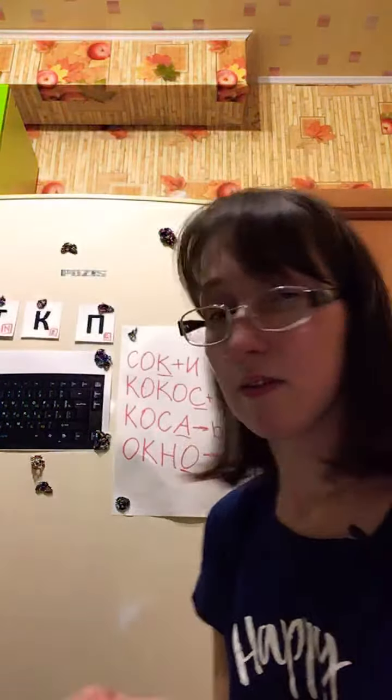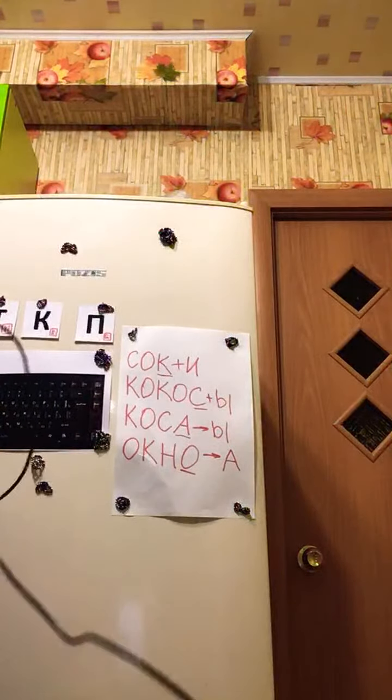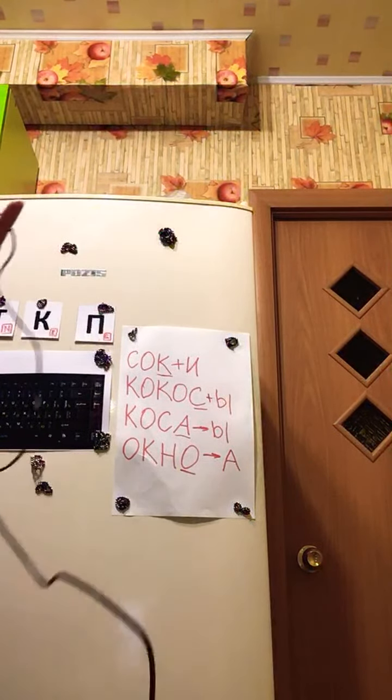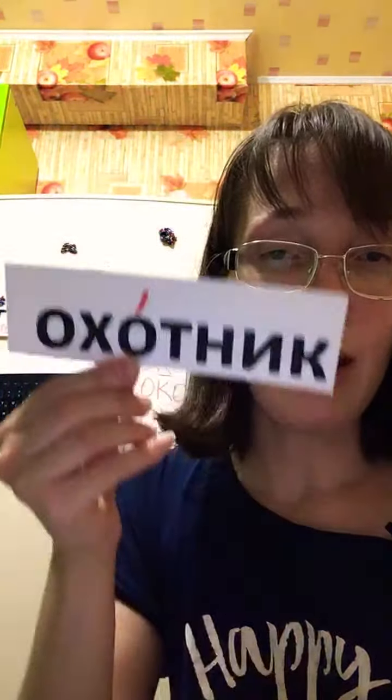Got it? Guys, is that clear for you? Please let me know. Yes, it is. Okay. Let's work with this word. A hunter. Try to read it by yourselves first.